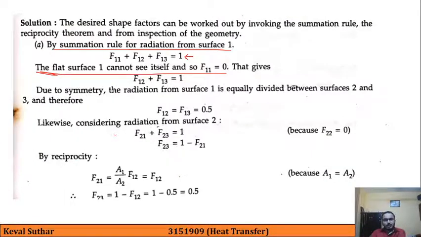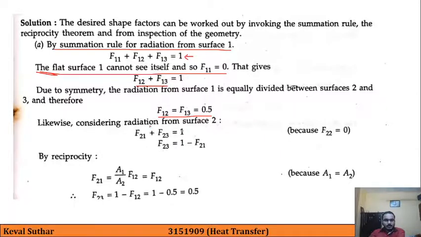Then we are only left with the remaining two shape factors, that is F12 plus F13 equals 1. And due to symmetry, as they are sides of an equilateral triangle, the shape factor is equally divided as 0.5 and 0.5.